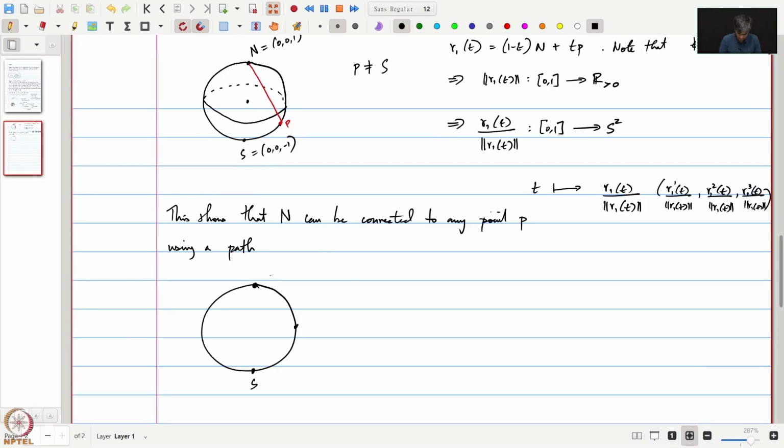First we connect N to this point P, and then in the same way that we constructed this path from N to P, we can construct a path from the south pole to the point P. So this gives a combined path from the north pole to the south pole. So this shows that S2 is path connected.